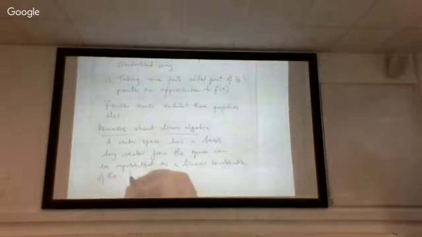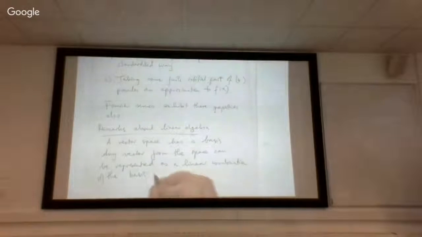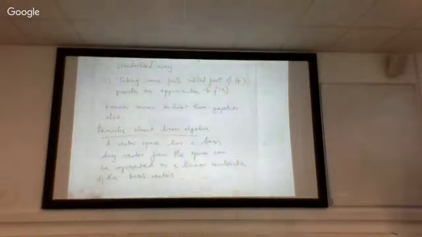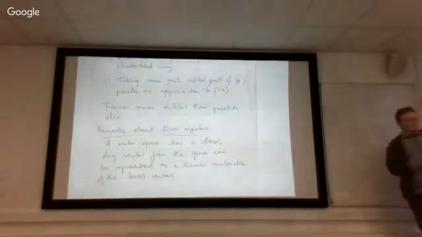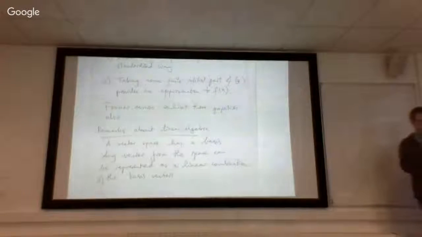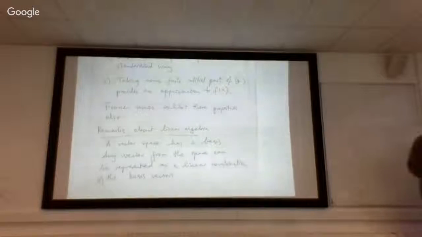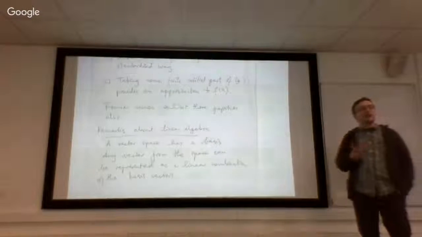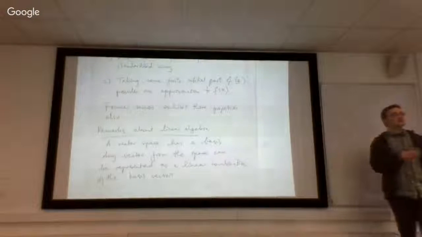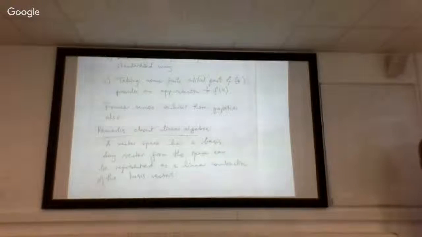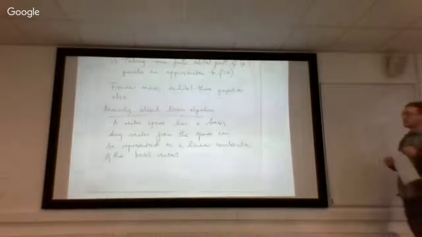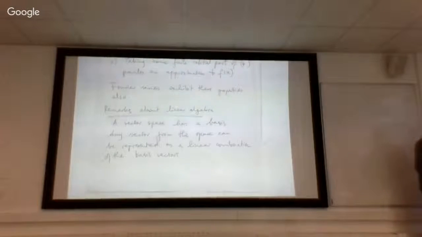And this gives you a standardized way of representing vectors from the space. You just describe all vectors as a certain linear combination of some standard basis vectors.